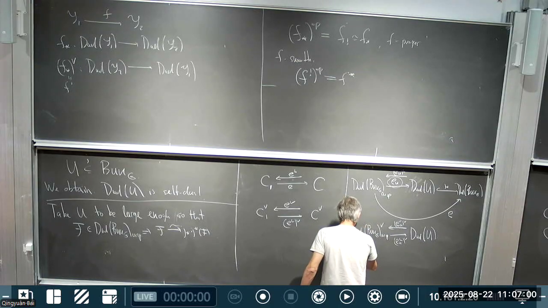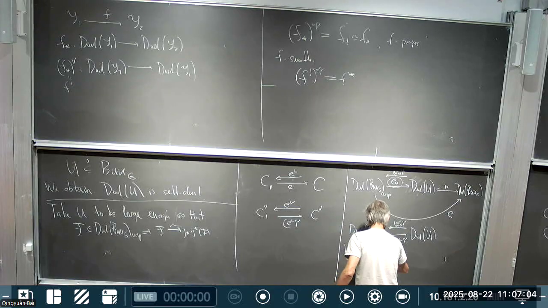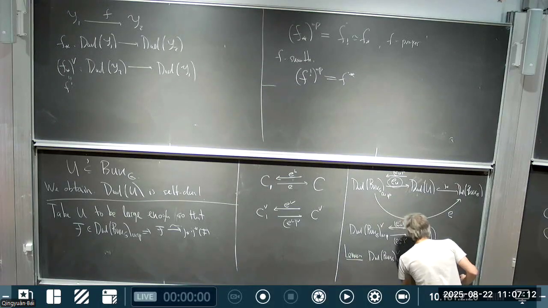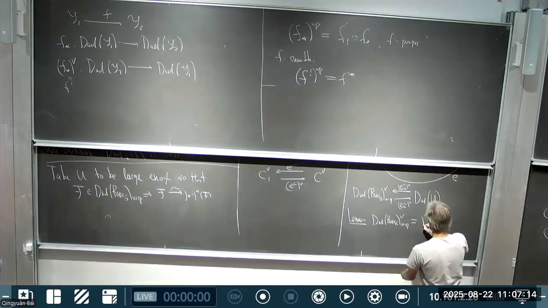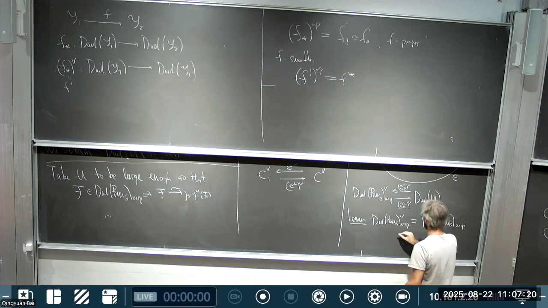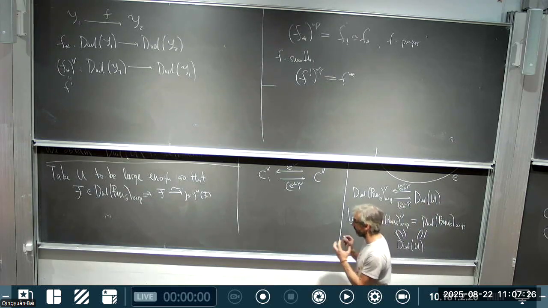So lemma, it's the same one. D mod Bun G cusp dual equals D mod Bun G cusp as subcategories in D mod U. So here there is a statement with content.